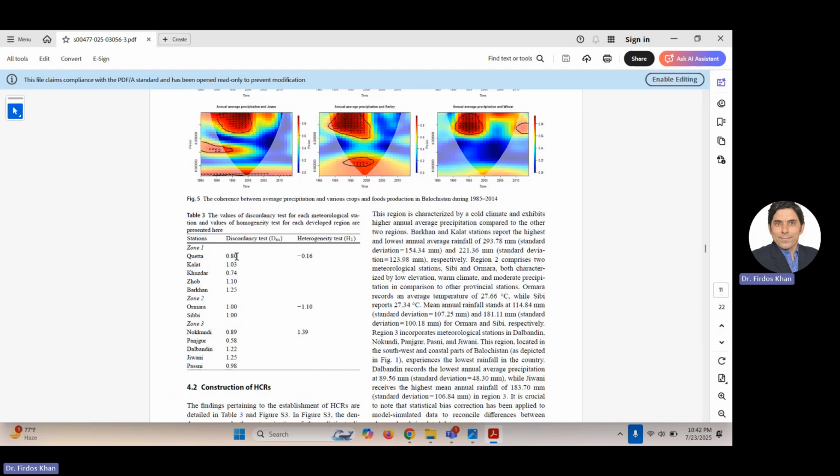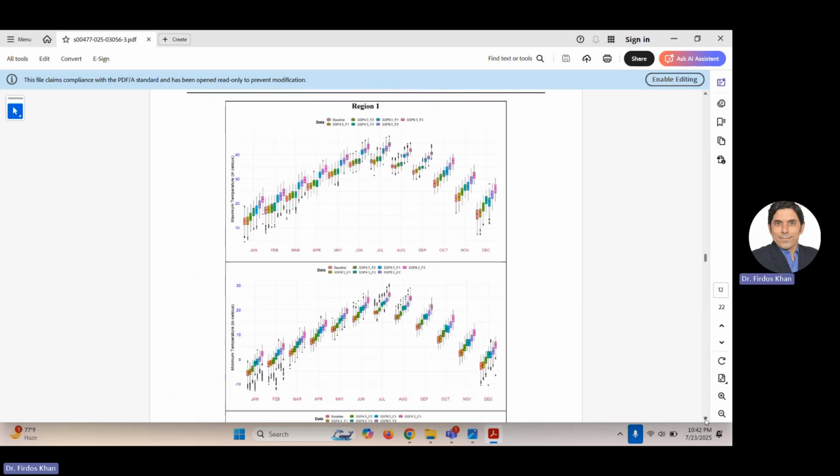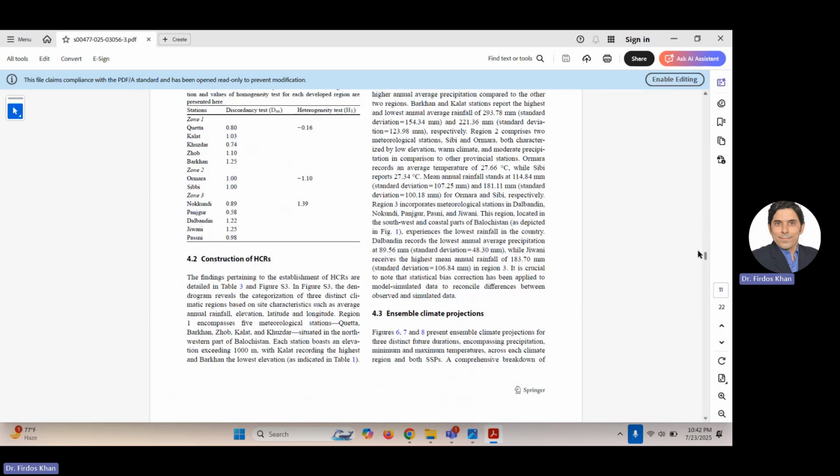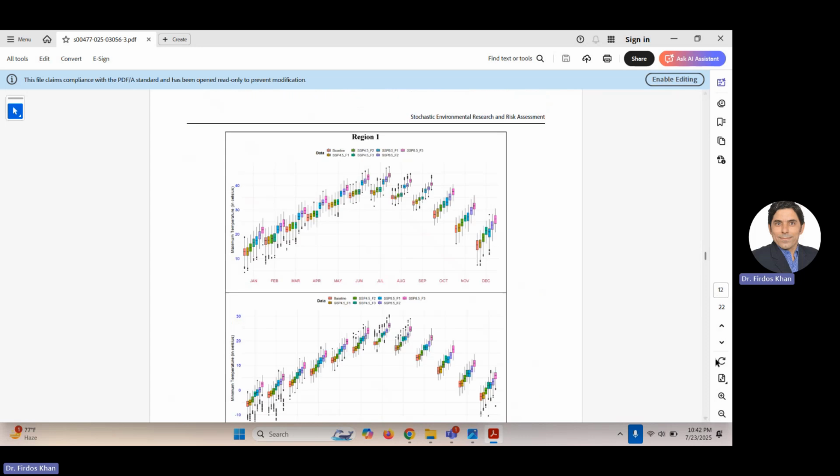These are the three regions which we have. Zone 1 has these stations, Zone 2 has 2 stations, and Zone 3 has the remaining stations. And lastly, ensemble projection. We have done this projection, and I will explain this result in detail.